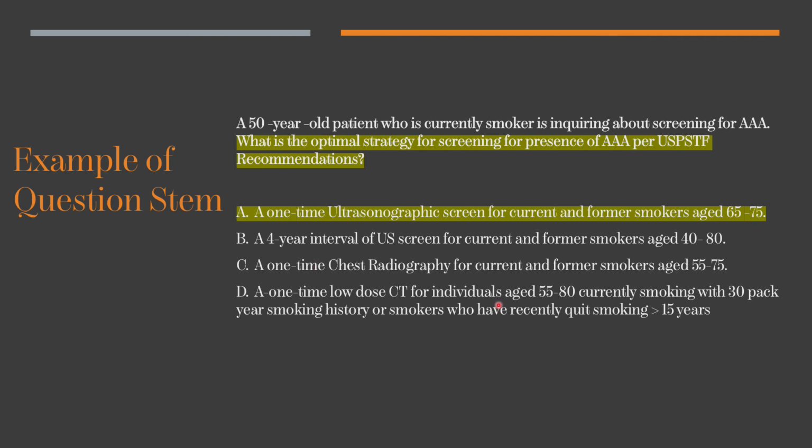The other answer choices are incorrect. D is for smokers age 50 to 80 and not 55 to 80. So this patient will also benefit from the screening intervals recommended for smokers by USPSTF.